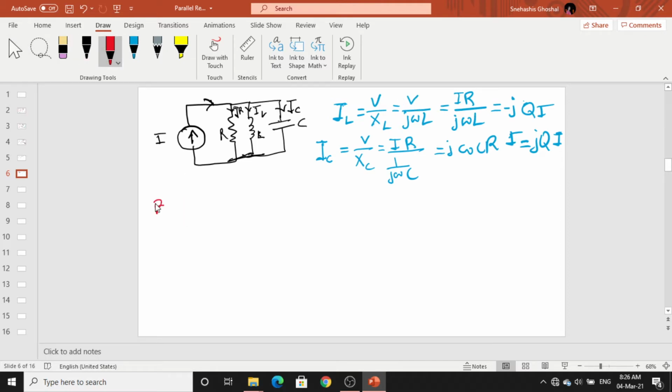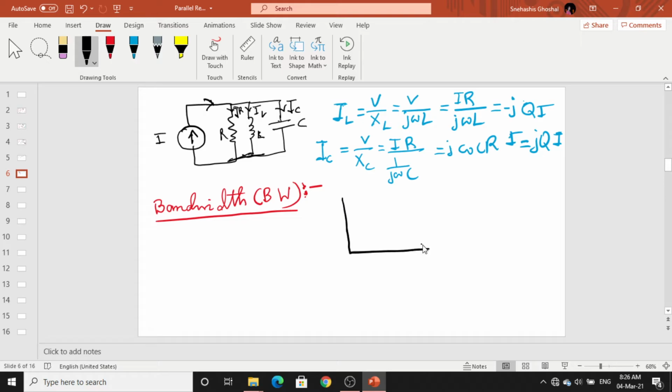Next thing is bandwidth. So for bandwidth, we need to represent the signal again.